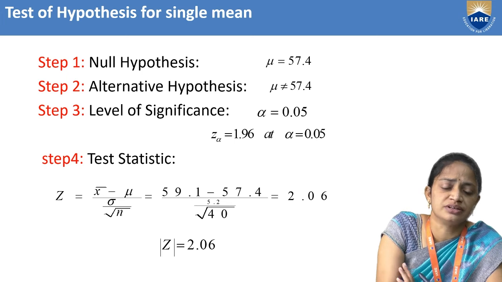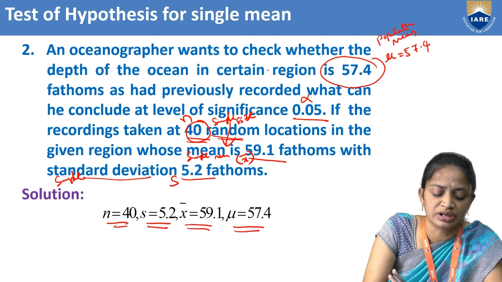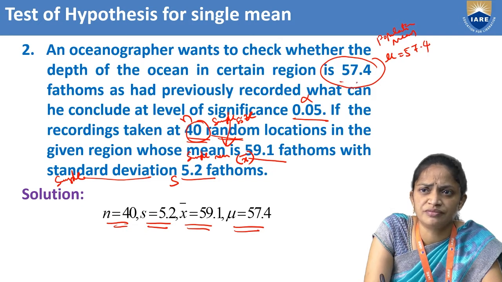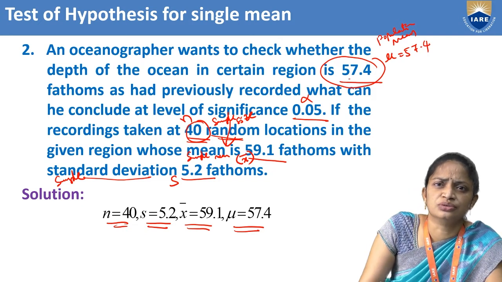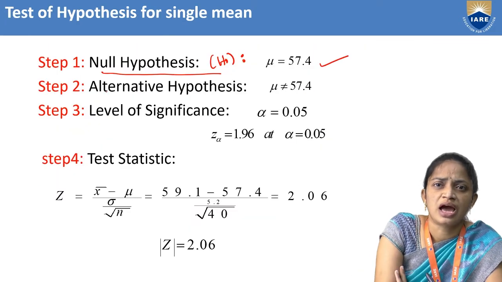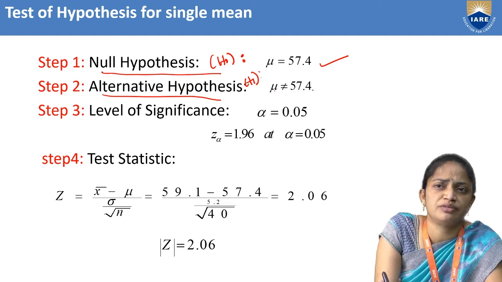First we need to find the null hypothesis. The null hypothesis is H naught, and H naught is nothing but our given statement. Here our given statement is 57.4, so mu equal to 57.4. The alternative hypothesis is opposite to the null hypothesis, so that is mu not equal to 57.4.